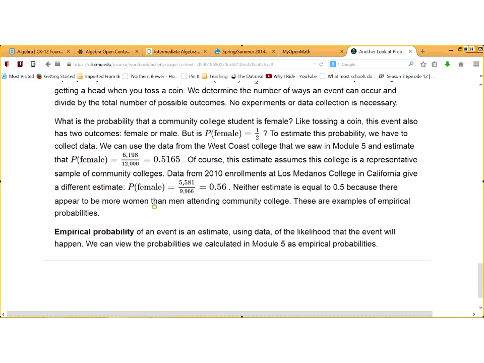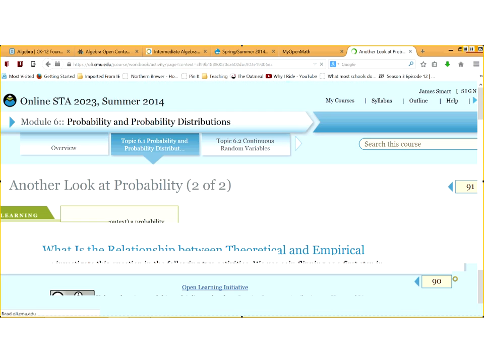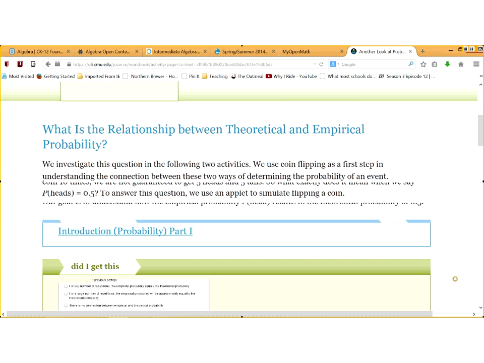But we can look at all the people who attend the college and figure out what percentage of them are female or male. Okay. So we have probabilities that we base on the theory, like the probability of getting heads on a coin, and probabilities that we base on data that we've gathered.